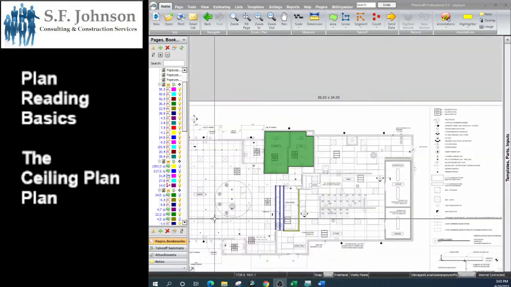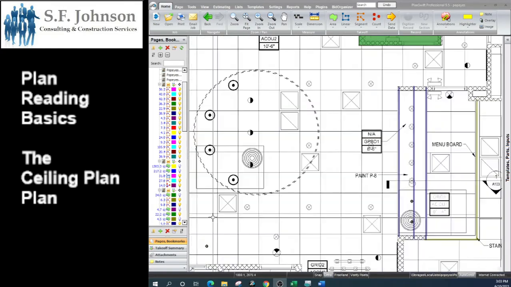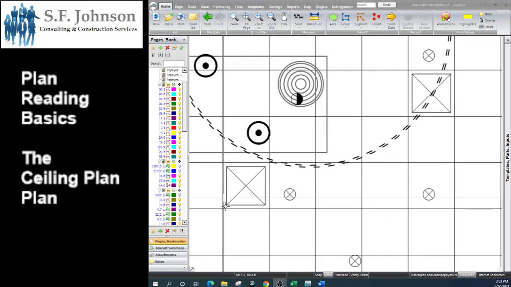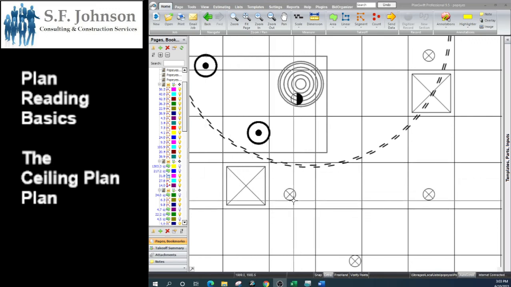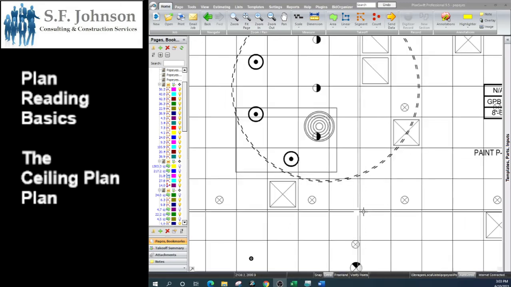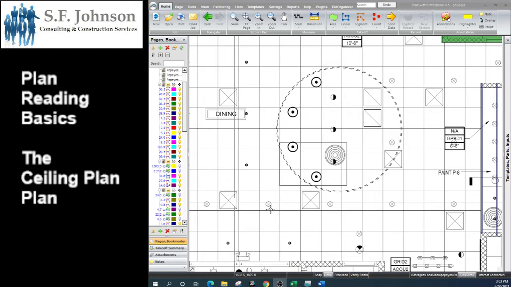And so on the ceiling plan, we're going to see everything that's going to go in the ceiling. Not only the ceiling finishes, but we're also going to see all of the HVAC supply grills, represented by the X, and all of the lighting fixtures and where they are, because the ceiling finish person needs to know, okay, we'll have 1, 2, 3, 10, 12, 15 less 2x2 tiles, because why?